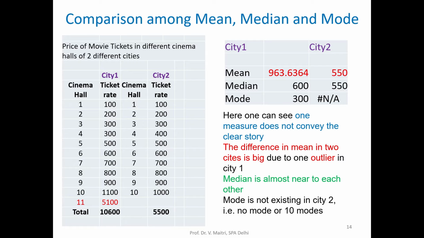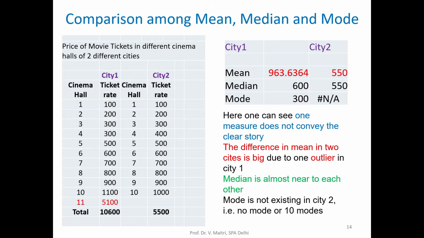There are very few seats, in the last row. Normally in that cinema hall the ticket is really very high for that class. Just try to find out which cinema halls have such luxurious seating. And in city 2, the 10 cinema halls have ticket rates from 100 to 1000.